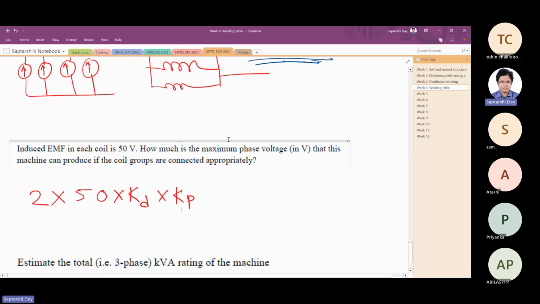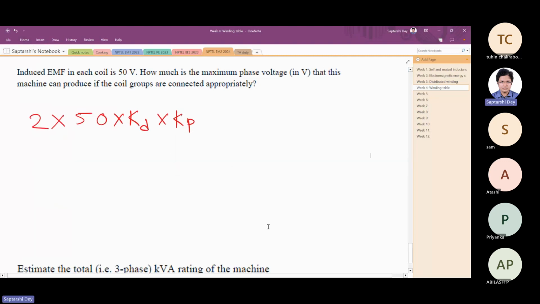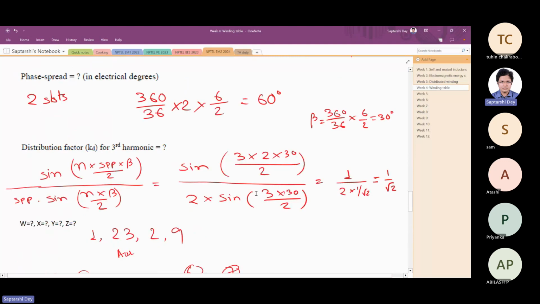Now, since nothing is mentioned, this is definitely the fundamental. So we'll quickly find out the fundamental kd and kp. These three will be removed simply.